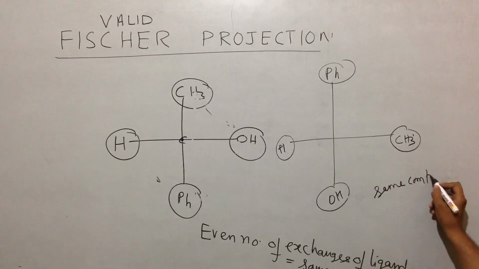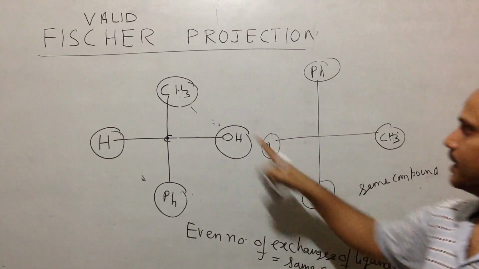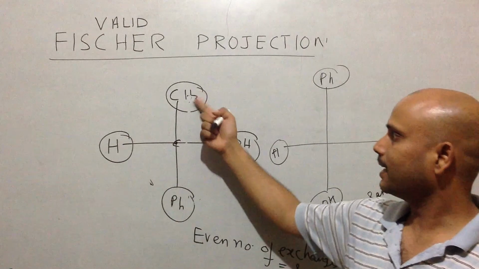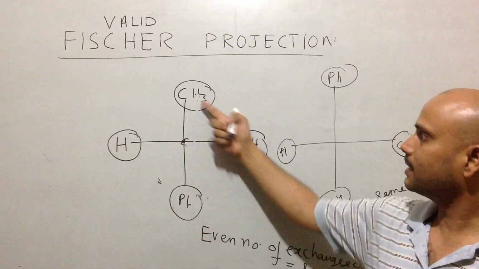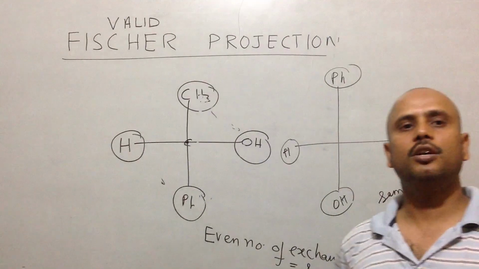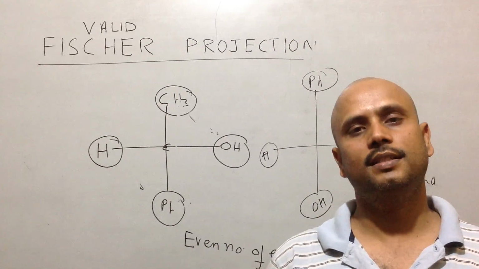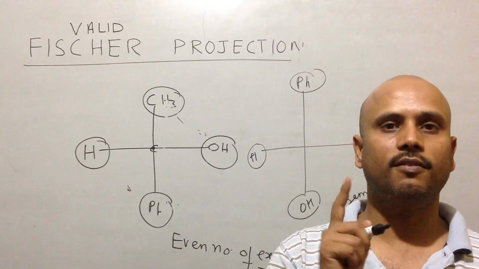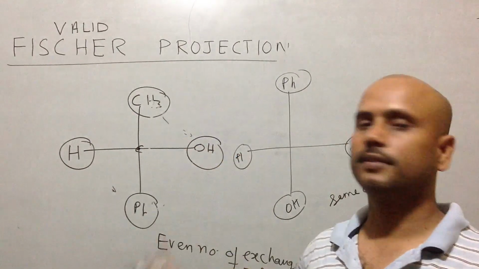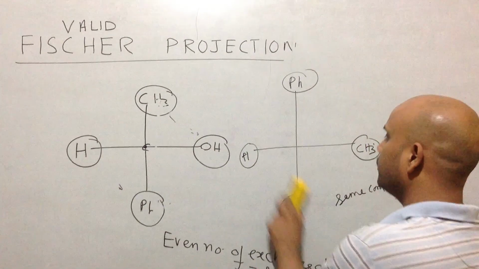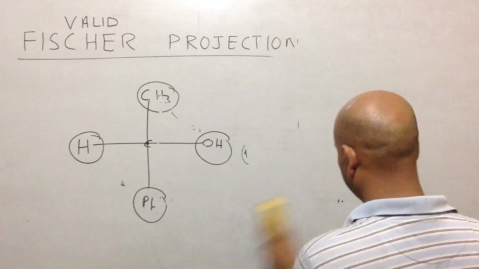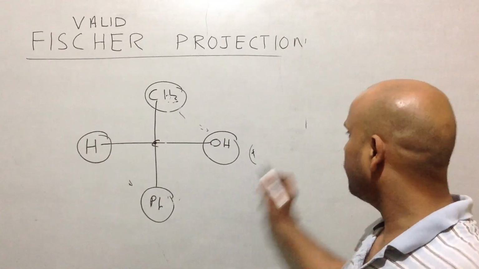It means that, let me summarize, I can exchange these two, or these two, or this or this. If you are carrying out an even number of exchanges, you are obtaining the same compound if there is only one chiral compound. Now what happens if you do an odd number of exchanges?